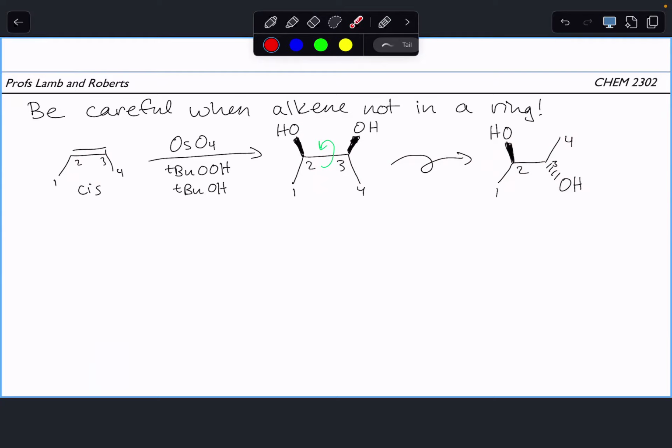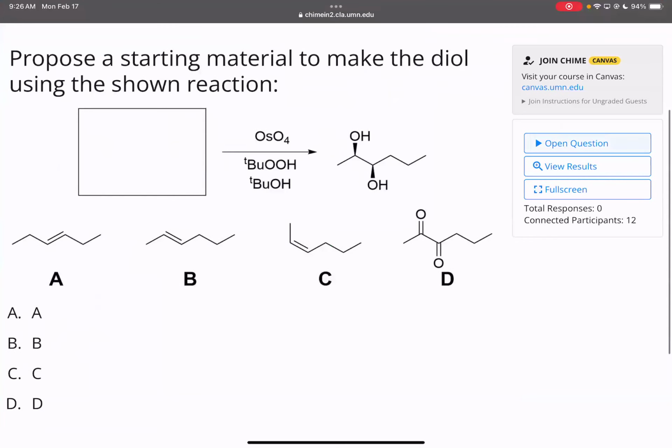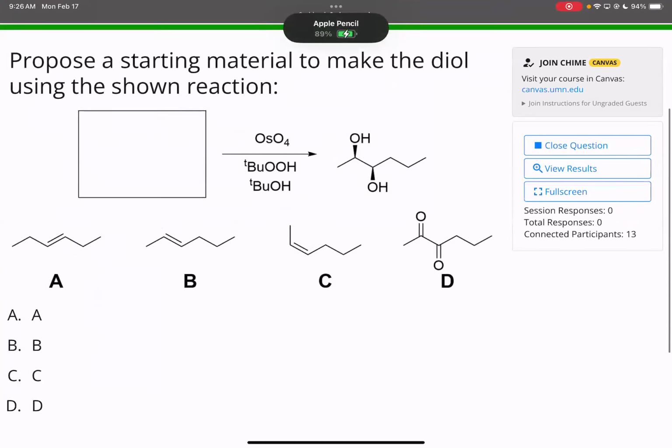All right, let's go backwards with a chime-in question to see if this is making sense to people. Okay, so here I've given you the product. We're doing the same reaction. So the reagents are osmium tetroxide, tert-butyl peroxide, and tert-butanol. Tell me which one is the starting material.